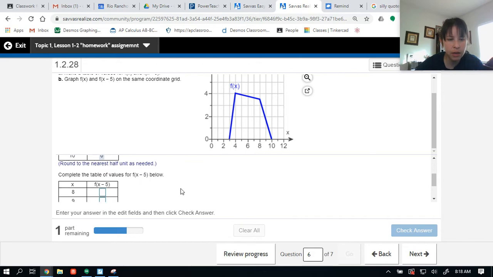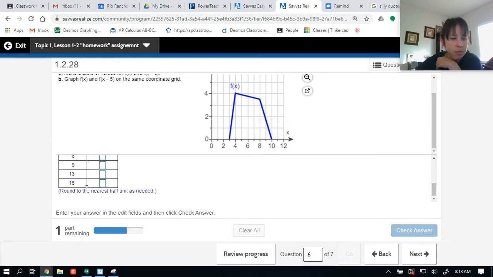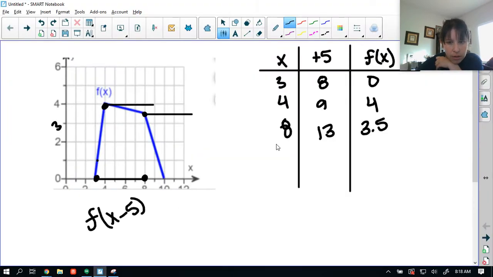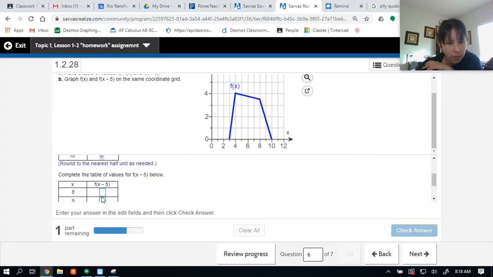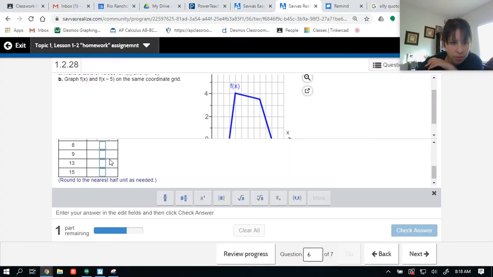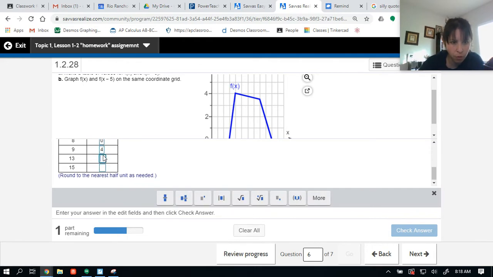All right, so again, we added 5. So these numbers literally should be the same. If we look at this, by adding the 5, we still have the same y output. So they literally should be the same values that we saw before. So this is going to be 0, 0, 4, 4, 3.5, and 0.